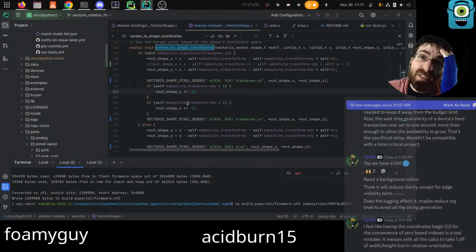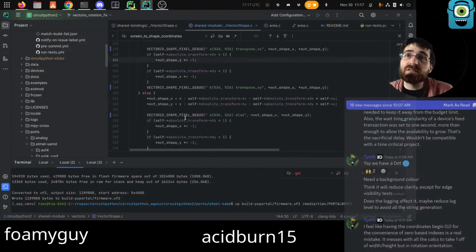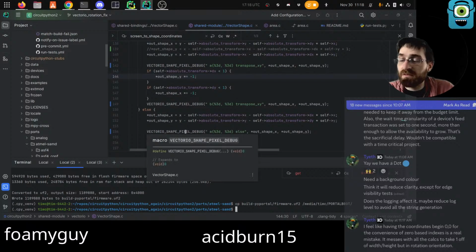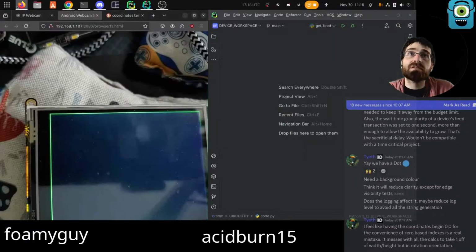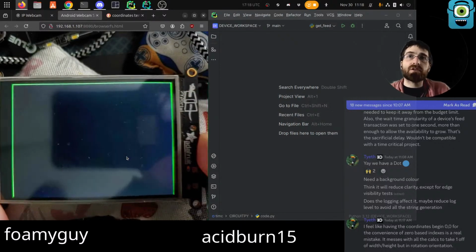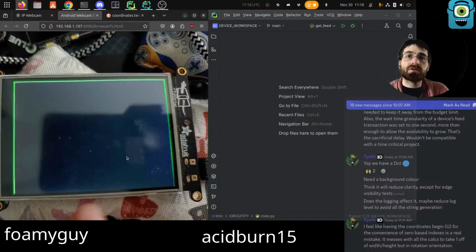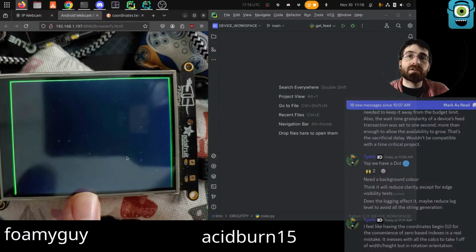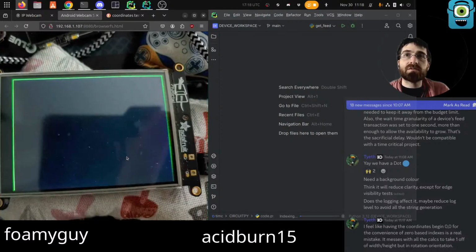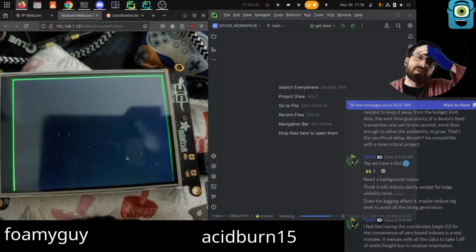And I guess I would like some logs inside of here as well, so we know which one of these is happening on 90 and which one is happening on 270. That is indeed happening. The 270 with the original code is only off on one edge, and with the code that I just changed, it was off on 2 edges. So we fixed the 90 case, but we broke the 270 by more.